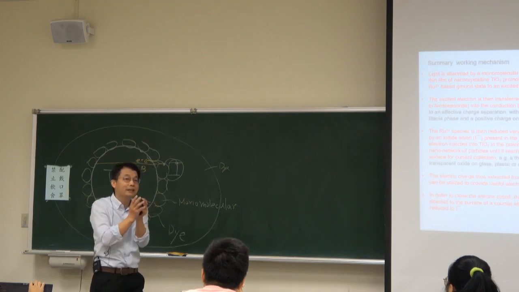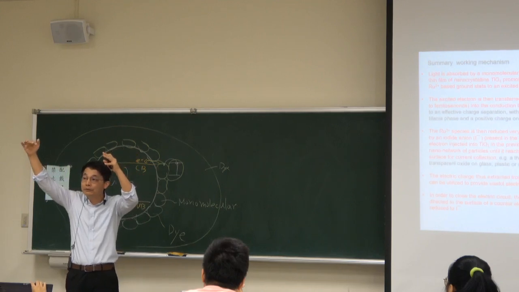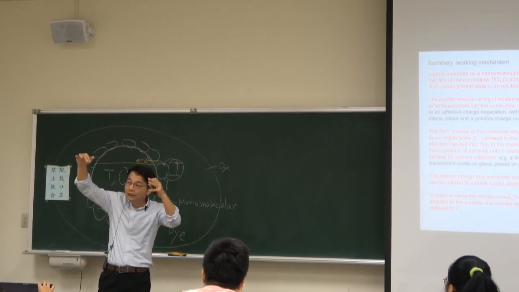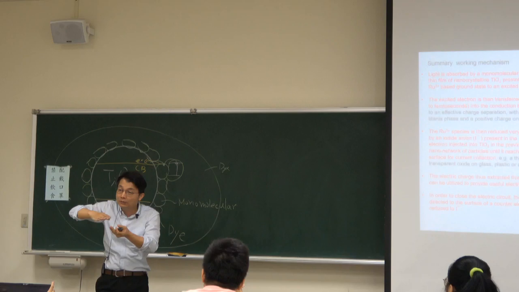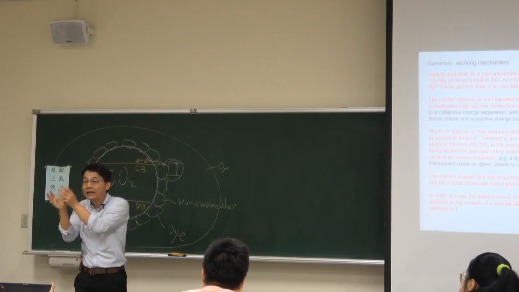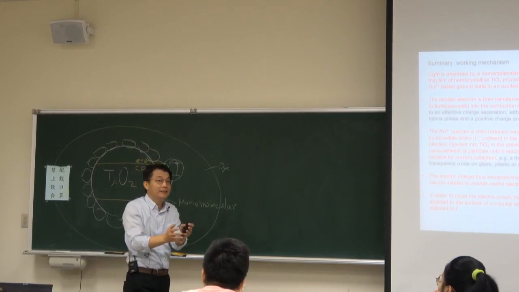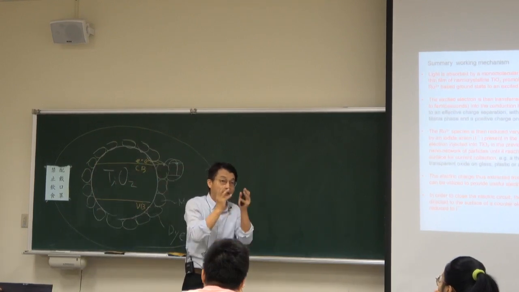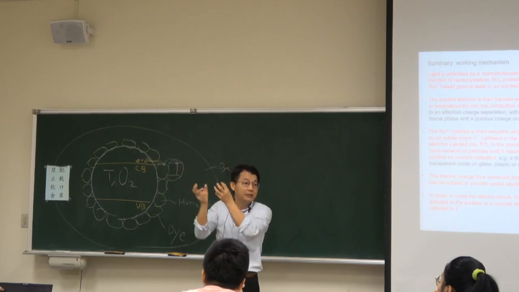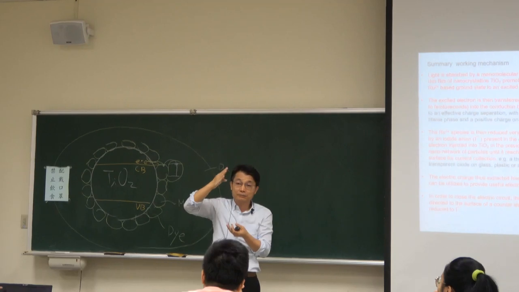Dye provides the visible absorption edge, which is able to make the electron promote from the HOMO band to the LUMO band, right? So the functionality of the dye is just like a p-type, which absorbs the light and promotes the electron to the conduction band.